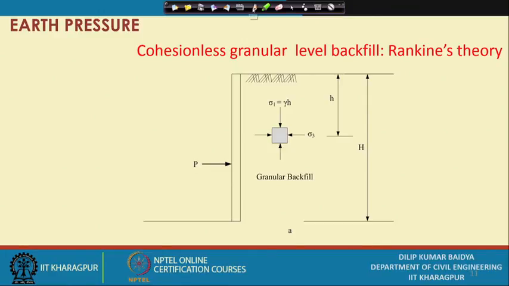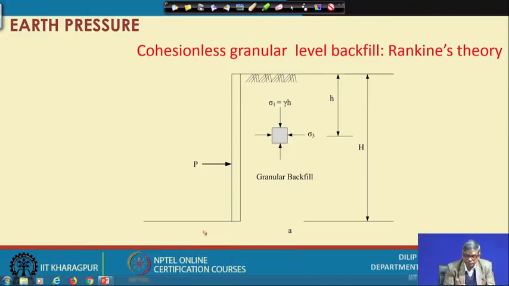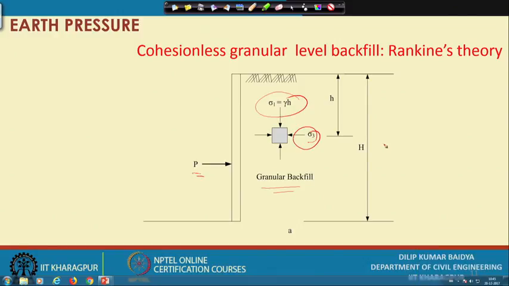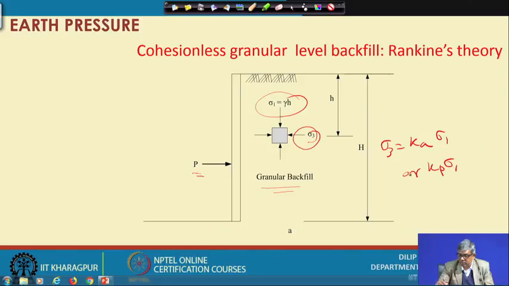Suppose we are considering a wall here, P acting here, granular backfill, at depth H sigma 1 is gamma H and sigma 3 depends upon whether it is active or passive. So, sigma 3 will be either Ka sigma 1 or Kp sigma 1, either this or that. I will show you in the same diagram both are happening.